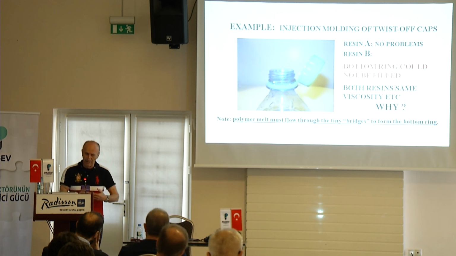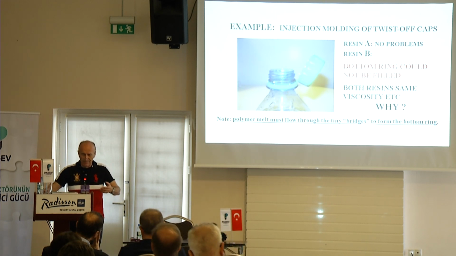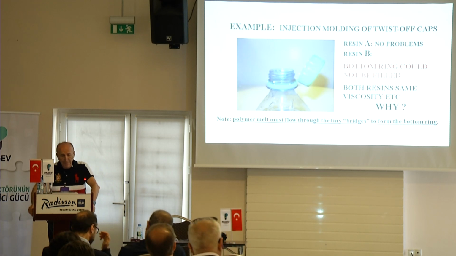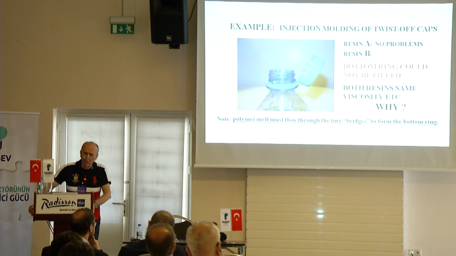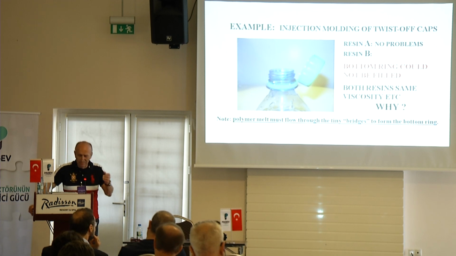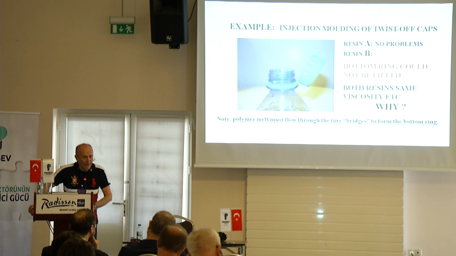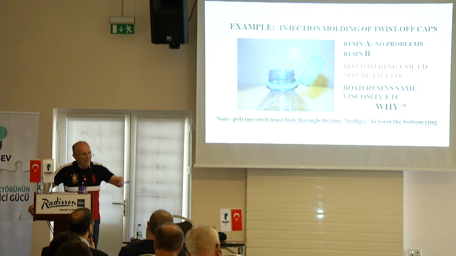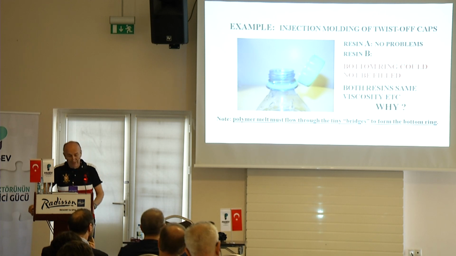They did provide me with viscosity curves and all that. They had measured molecular weight distribution, a lot of work, and they should. So they thought the resins, A and B, were identical.